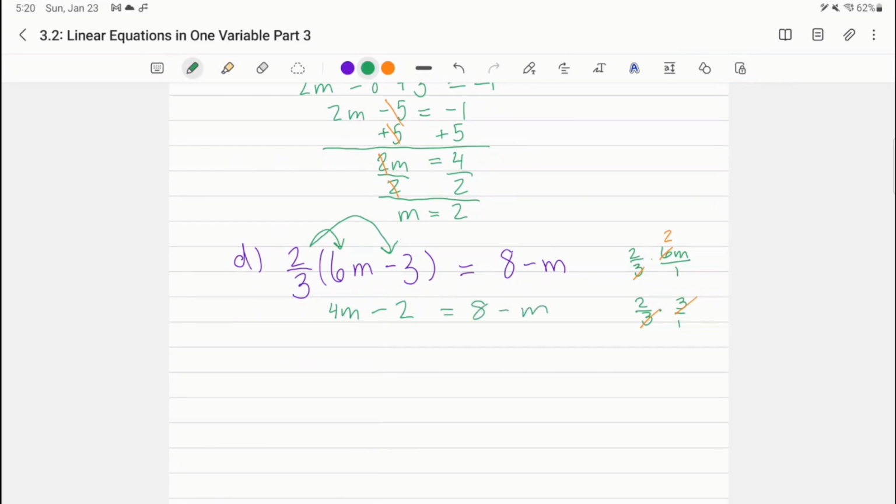Next, I want to get the variables on one side. So I'm going to add m to both sides. 4m plus m is 5m. Minus 2 equals 8, because the negative m and positive m cancel out. Then I want to get the constants together. So I'm going to add 2 to both sides.